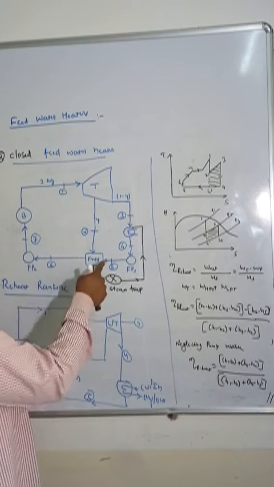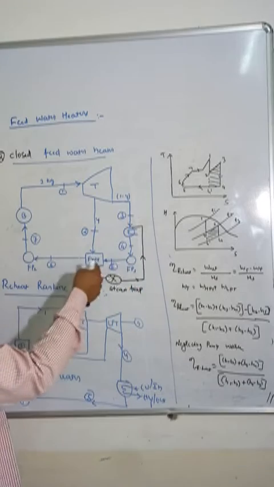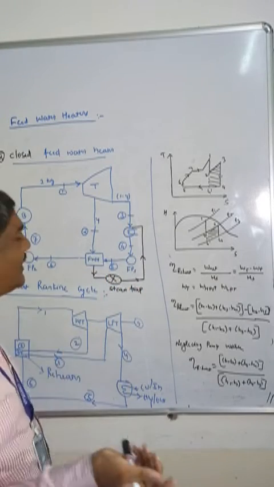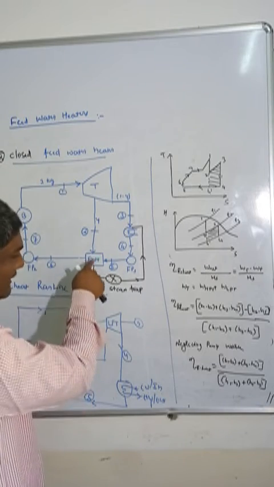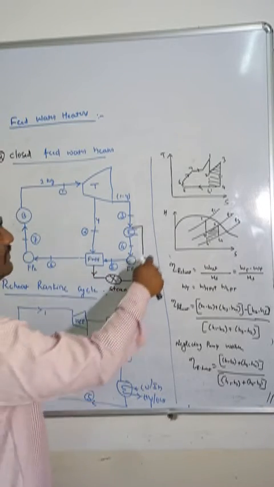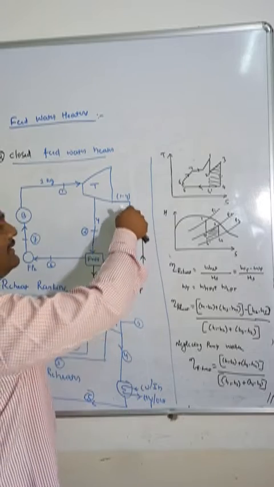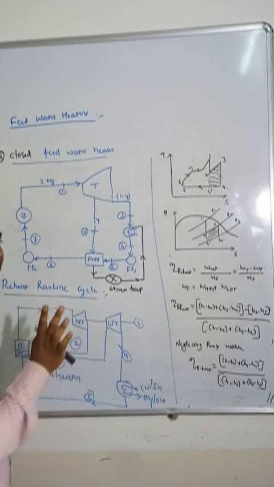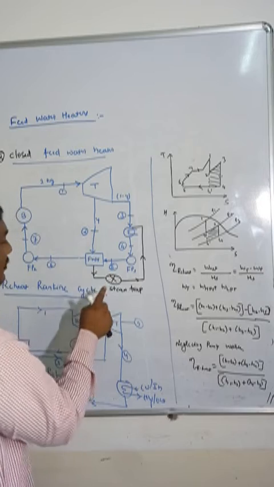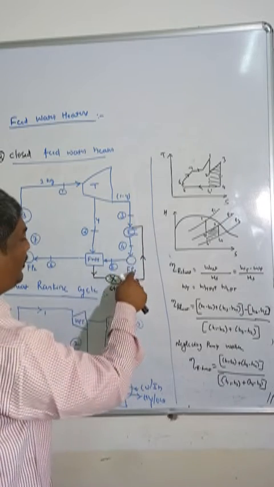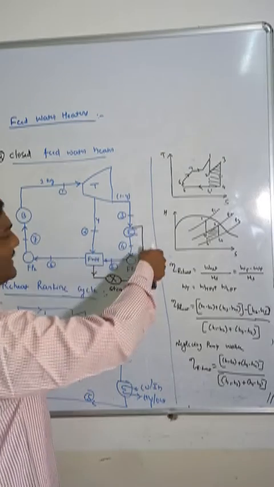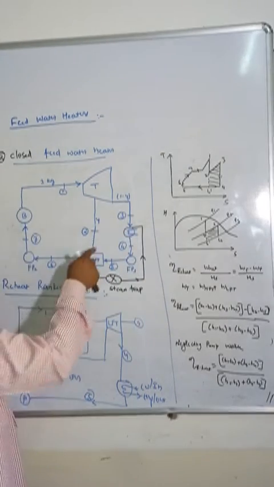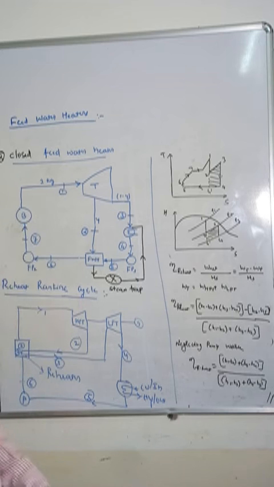But in the actual case, some part of this y will remain as it is, so we trap it and supply it back to the condenser, where it is also condensed into liquid. This becomes one closed circuit: steam trap, condenser, pump, feed water heater. As and when it is converted into liquid, it goes to the pump and is converted into steam, and this will regenerate.